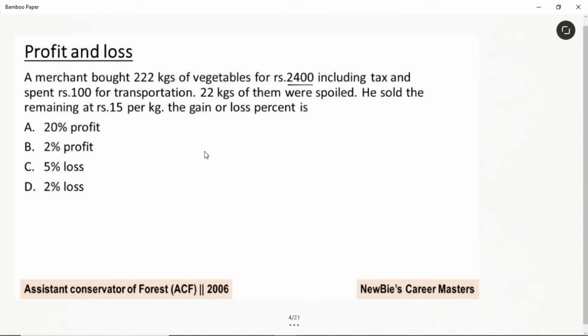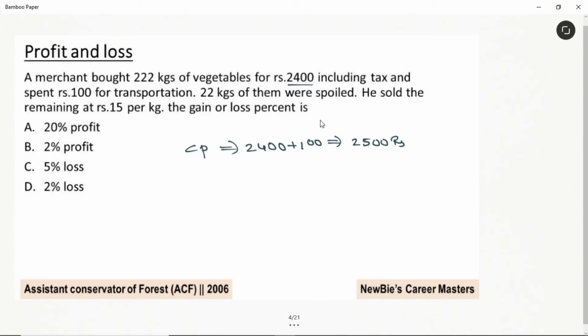Okay, first we'll check merchant investment, that means cost price. See, for cost price, you have to consider that vegetable price as well as the transportation expense. That is 100 rupees for transportation. So its total investment, that means total cost price is 2500 rupees.